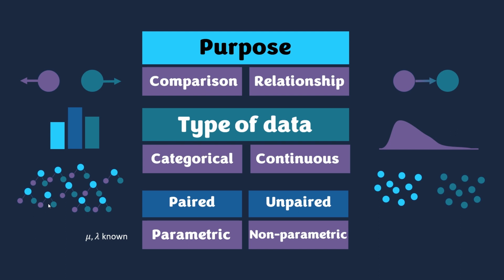Often there's an assumption that at least one of your variables is normally distributed here. Otherwise, either because you don't have any previous research on the topic, your parameters aren't known, or because your variables aren't normally distributed, we'd need to use a non-parametric test. Knowing which of these features our data has will make picking a statistical test, of course, much easier.